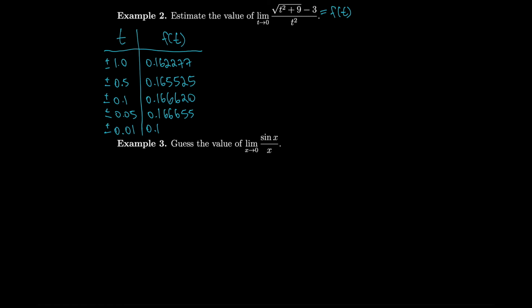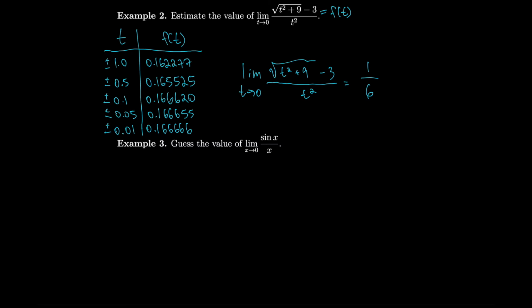This gives me 0.166666. So it seems like the limit of this function, square root of t squared plus 9 minus 3 over t squared, as t approaches 0 is 0.166666, which is 1/6 if you keep the 6's repeating.